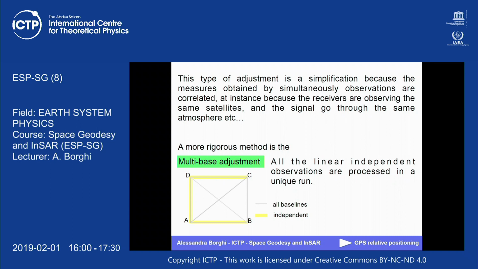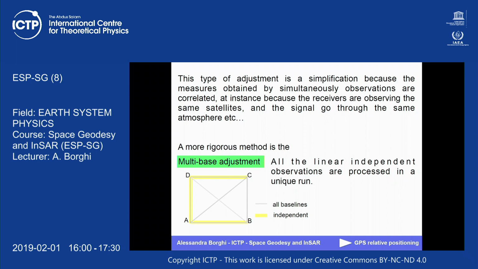So when you give the station file with the raw data, and each file corresponds to a benchmark of your network, the software can ask you to connect, to create the baselines. This is really clear in Bernese, but I think that you can do the same in Gamit, I don't remember well.